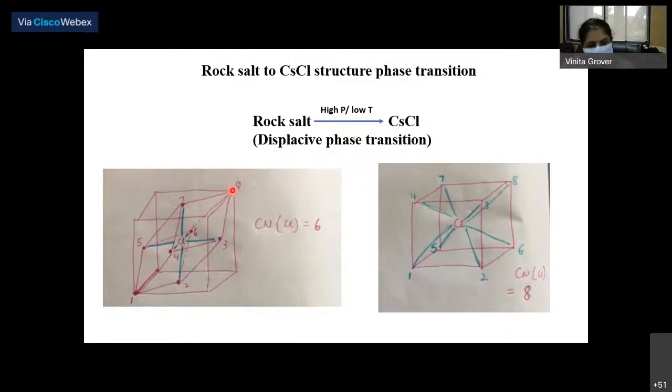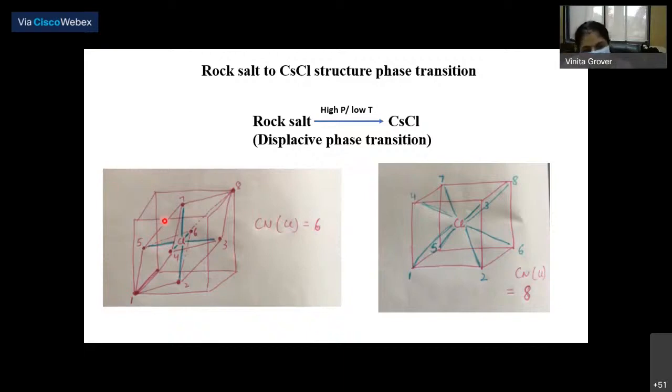जिसका top face is 7, 8, 3, 4. And the bottom face is 5, 6, 2, 1. These two faces, right now across the body diagonal, will come closer to each other and form something like a cube.